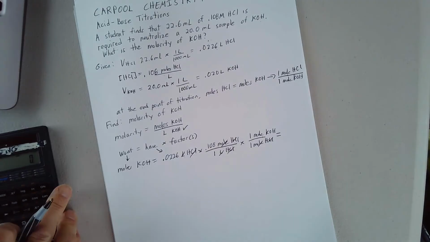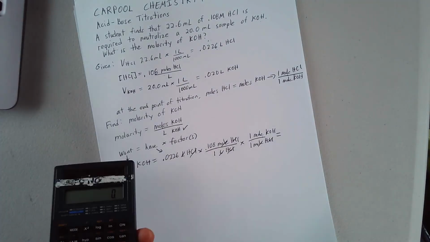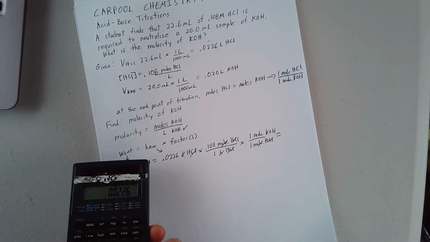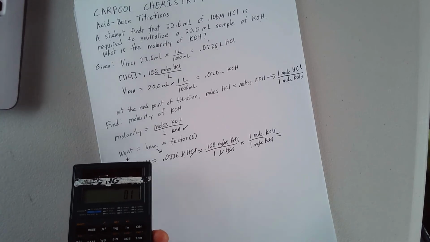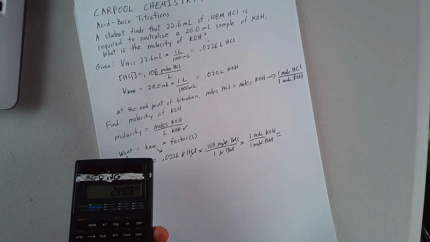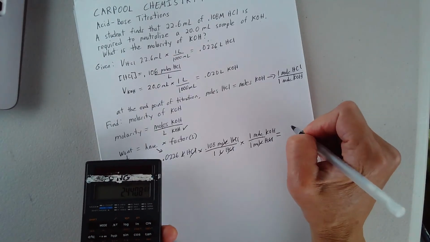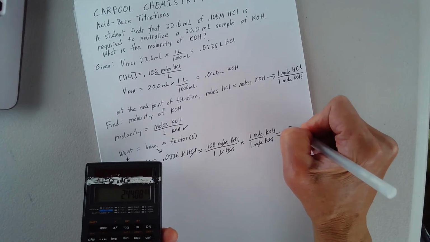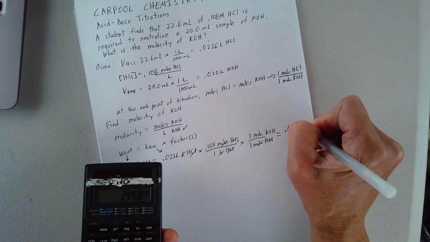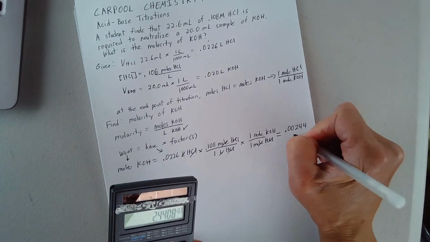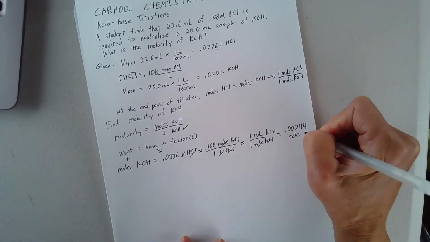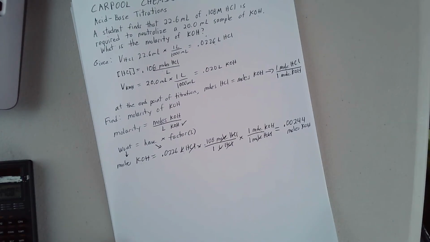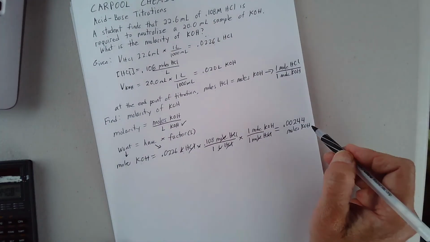Let's go ahead and put our equal sign there. Let's go ahead and crunch this number on our calculator. 0.0226 times 0.108, and I got 2.44 times 10 to the minus third, which is simply 0.00244 moles of KOH.